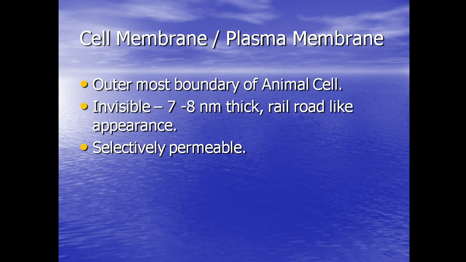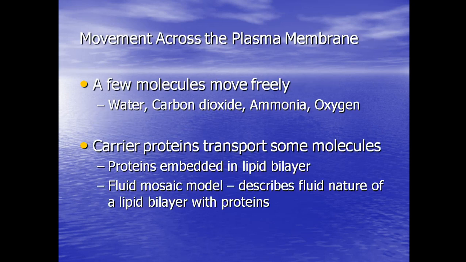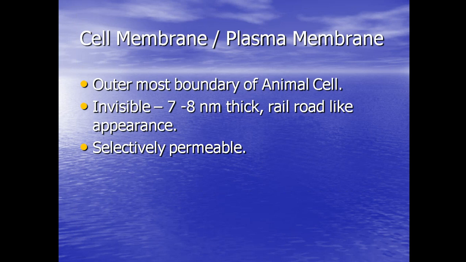The very special feature of this plasma membrane is that it is selectively permeable. So what do we mean by selective permeability? A membrane can be of two types, or sometimes three types.